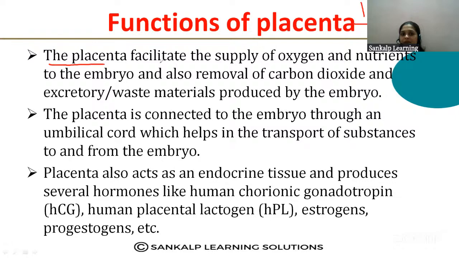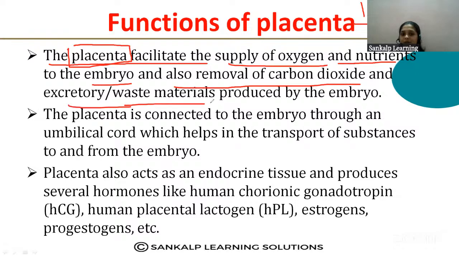The placenta facilitates the supply of oxygen and nutrients to the embryo. The developing embryo needs nutrients for its development, right? So that is supplied by the placenta. It also helps in the removal of carbon dioxide and the waste materials produced by the embryo.